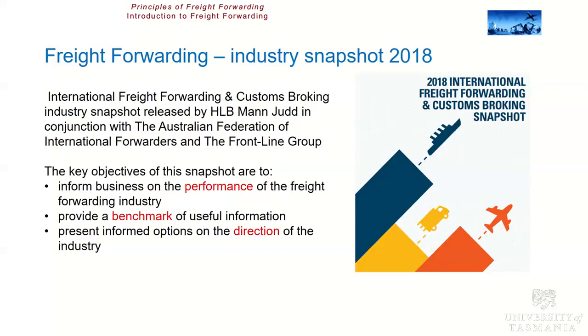It's done by an organisation, but it's done in conjunction with the Australian Federation of International Forwarders. So the idea here is to gather information about what's happening in the Australian industry, to provide that information back to the industry so they can benchmark where they are in the industry, and also make some informed observations about where the Australian freight forwarding industry is at.